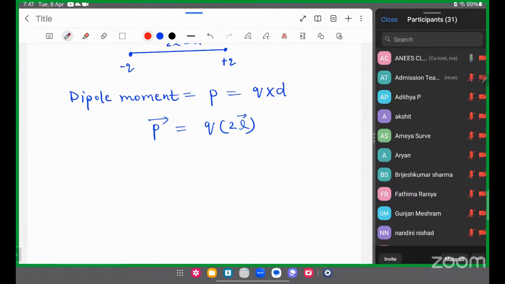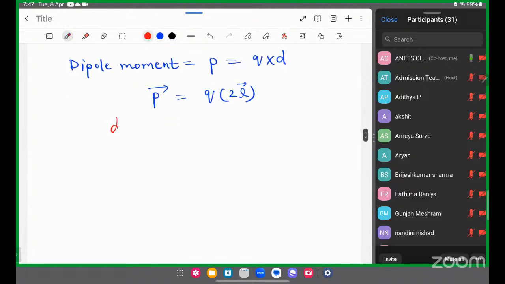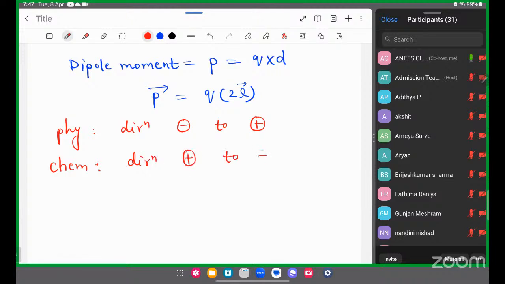Dipole moment is a vector quantity, so it will have a certain direction. In physics, its direction is negative to positive, and in chemistry, its direction is positive to negative.